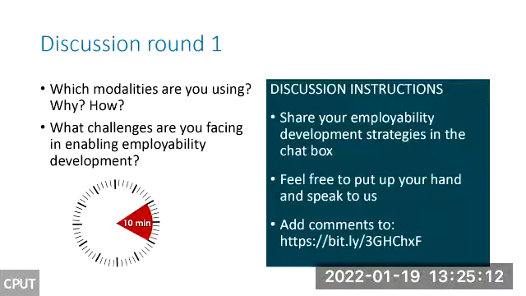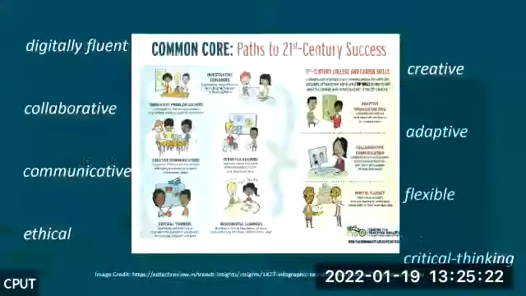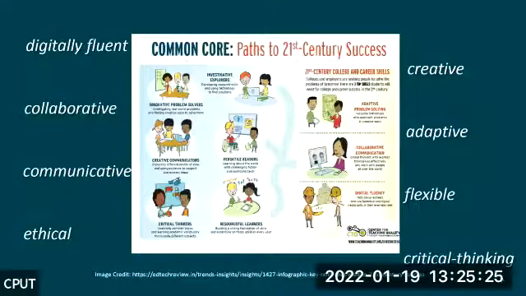Right. Okay. So I think one of the big questions that we're seeing is there are so many websites and blogs and whatever giving us the answer, paths to 21st century success, and all of those wonderful attributes that we want our students to have.